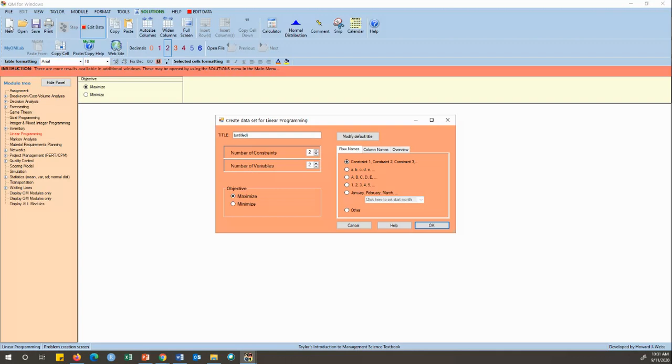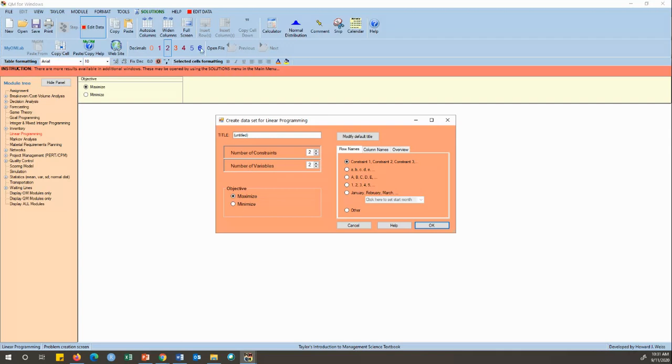You have two variables and three different constraints. I did not include the final non-negativity constraint, because we are talking about production, so we are looking at quadrant one. Basically we can assume that all our variables are positive.